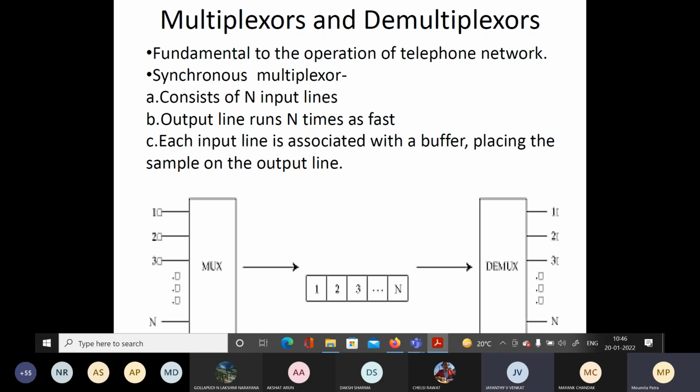You have n links, and at the output you can send the combination of whatever data you are getting over the n links as one output. The demultiplexer does the opposite: given multiplexed data, its task is to divide it into the corresponding basic chunks that it was made of.